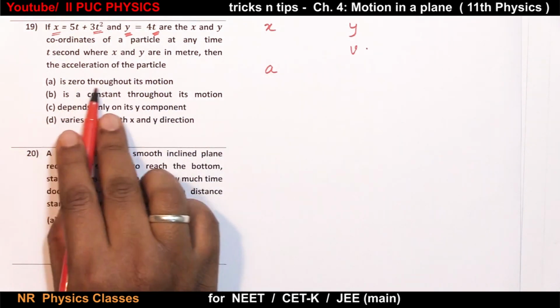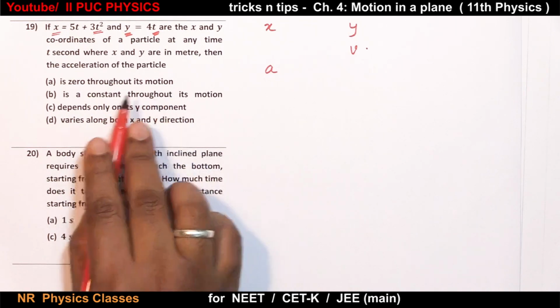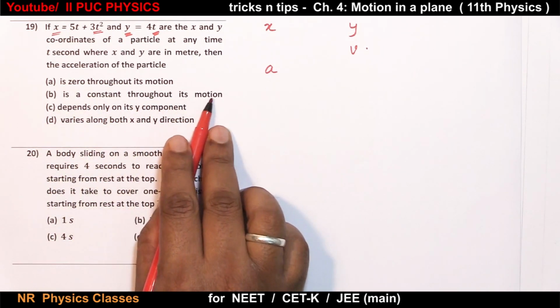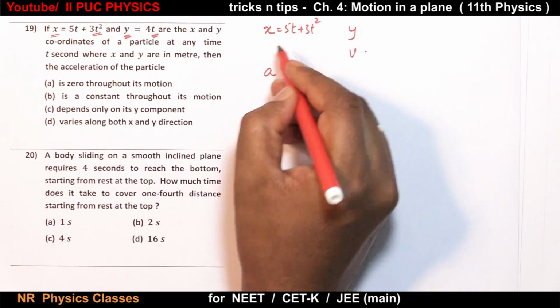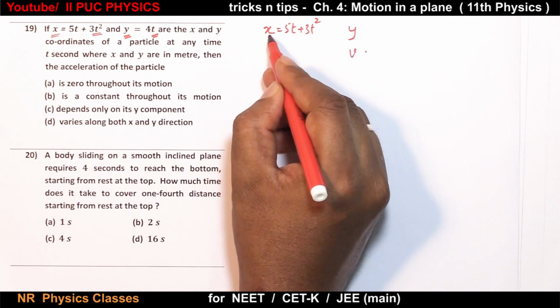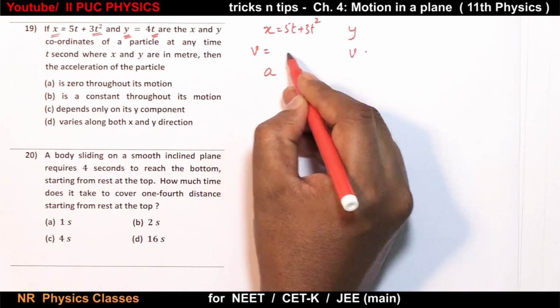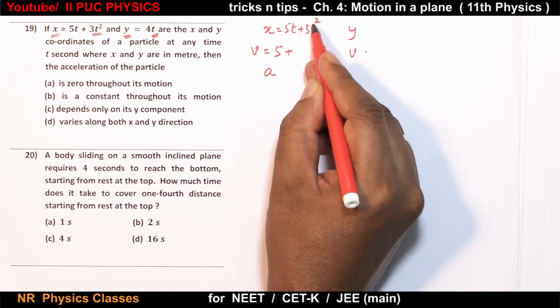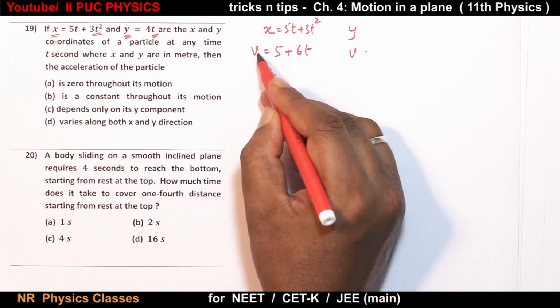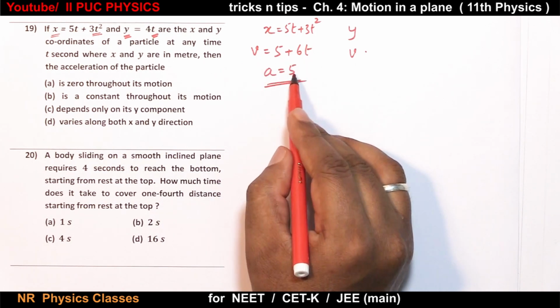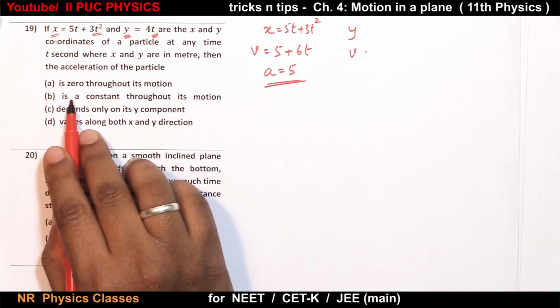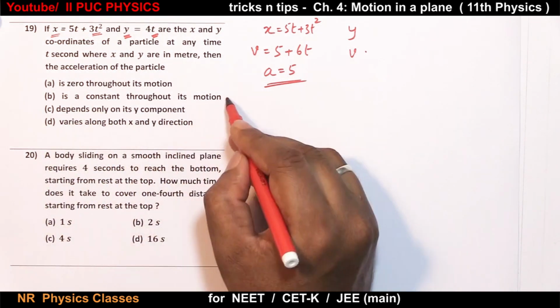Is the acceleration of the particle 0 throughout the motion? No. Is acceleration constant throughout its motion? x equals 5t plus 3t square. Differentiate displacement, we get velocity 5 plus 6t. Differentiate velocity, we get acceleration 6. So acceleration is constant. Acceleration is constant throughout the motion.